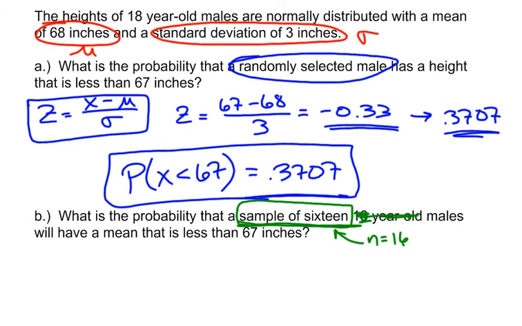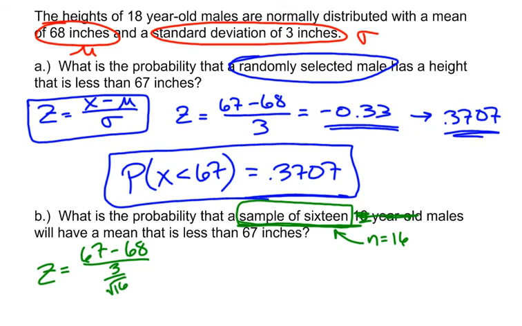So we're going to compute our z-score slightly different now. We're going to say z is equal to 67, which is the sample mean that we're questioning, minus 68, which is the population mean, and that's going to be divided by the standard deviation of 3 over the square root of 16.